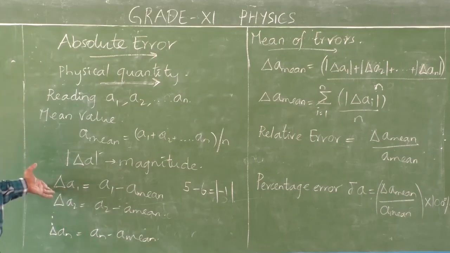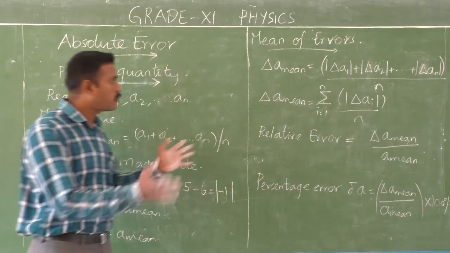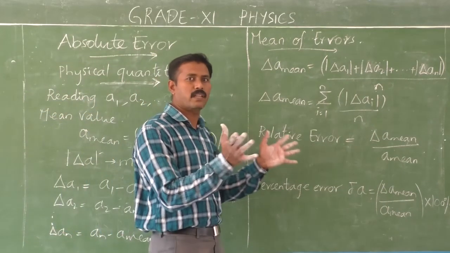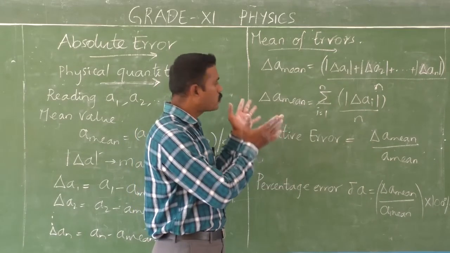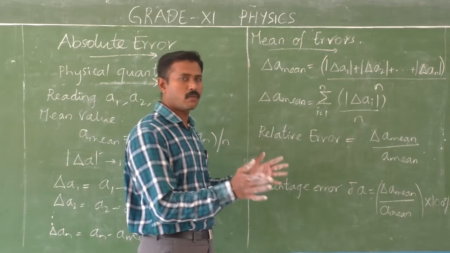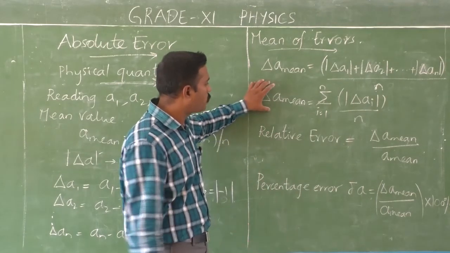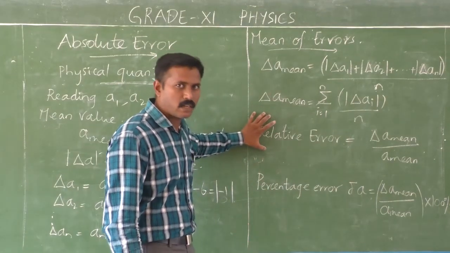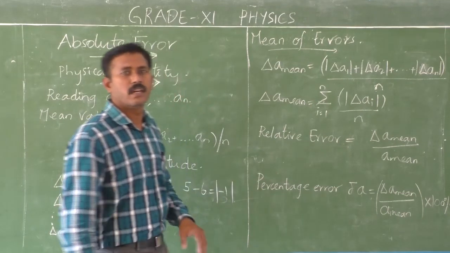That deviation is called the absolute error. For each and every error, we accumulate and consolidate and find the mean absolute error. With this mean absolute error, we find the relative error and percentage error.